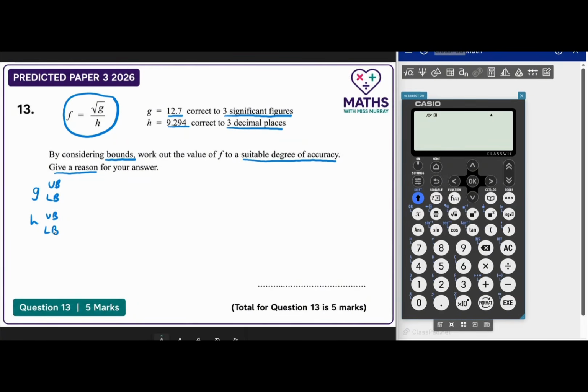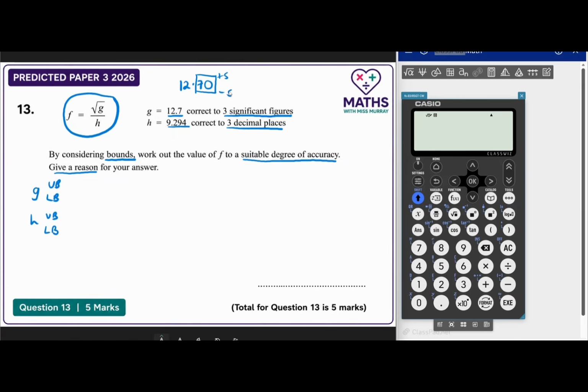So if this has been rounded to 12.7, 3 significant figures, it must have had another significant figure for it to then be rounded. The way that I do it with decimals, it's not mathematically correct really, but if you look at the number after the decimal as a number, once I've added this 0 on the end, you're going to add 5 and you're going to subtract 5 from this number, and that will give you your upper and lower bound.